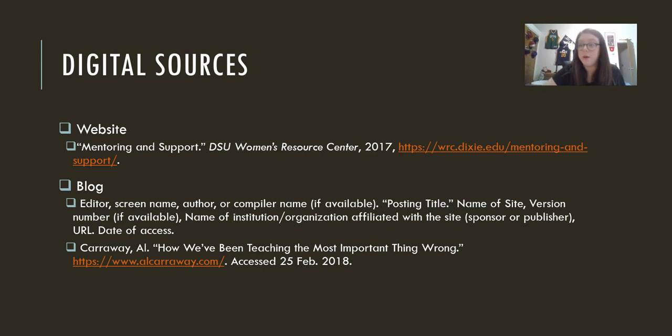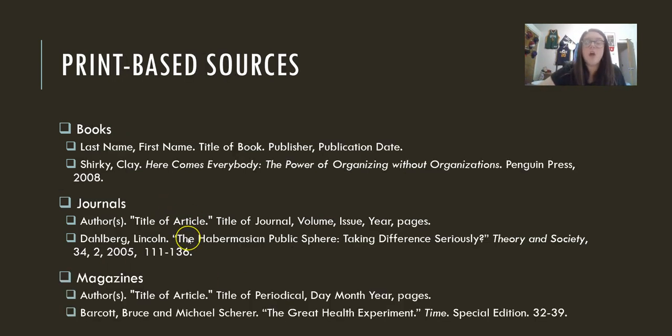And one thing that I do want to point out before we move on is that even though you will be locating the scholarly journals digitally, so through the library databases, we still format them as print-based sources, and we still will format it using this second type of formatting that we see here under the journals bullet. So yes, do keep that in mind, that with academic journals, even though you're accessing them digitally through a scholarly database, you would still follow this journals print-based type of citation.